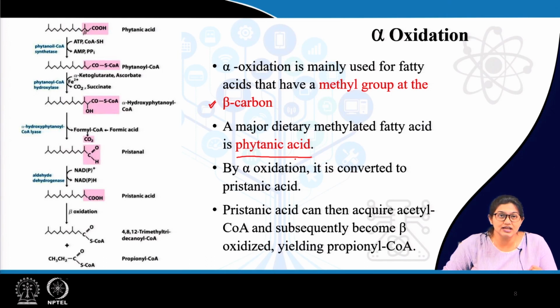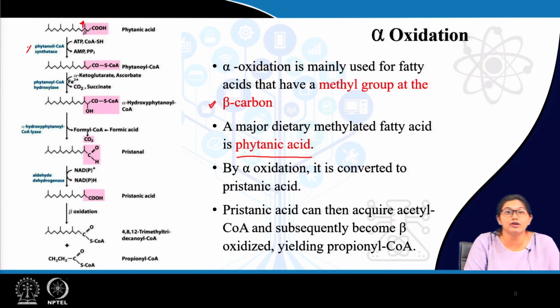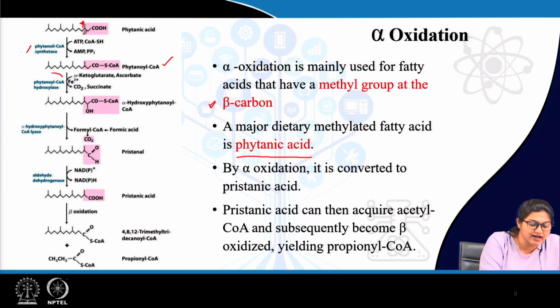Here you can see that on the beta carbon there is a methyl group present. With the help of the enzyme phytanoyl synthetase, we get the activated fatty acid, that is phytanoyl coenzyme A. Then comes the important enzyme, phytanoyl coenzyme A hydroxylase.